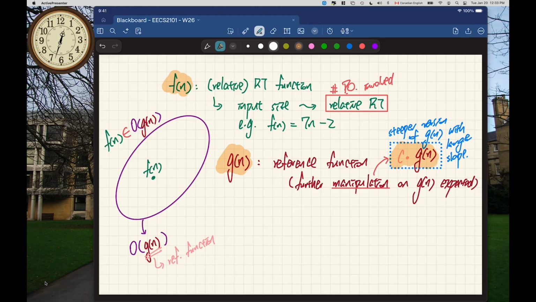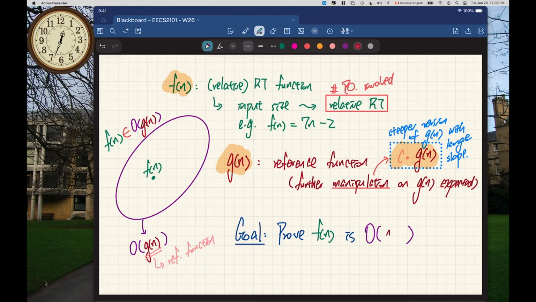And usually, the goal you will be facing is that you want to prove something. Usually you will take a guess first and then you prove. You want to prove that f of n is big O of g of n. There are different ways to say this, and I'll show you on the slides.